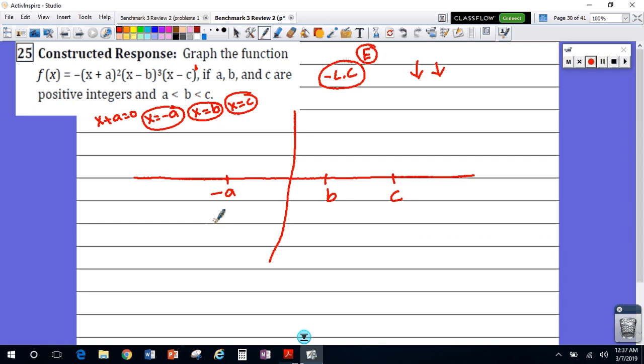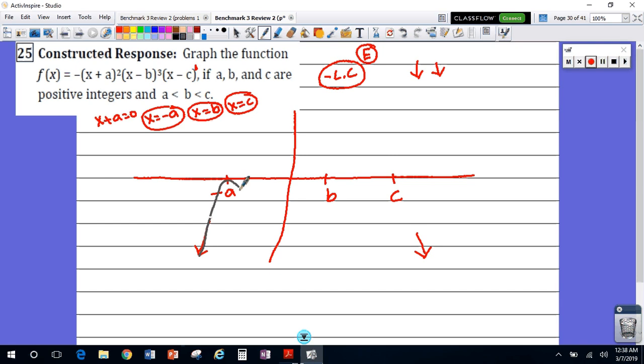So both ends should go down. Here it should go down. Here also it should go down. Right. Now the exponent is 2 here, right? The first exponent is 2. Means at negative a, it bounces back.